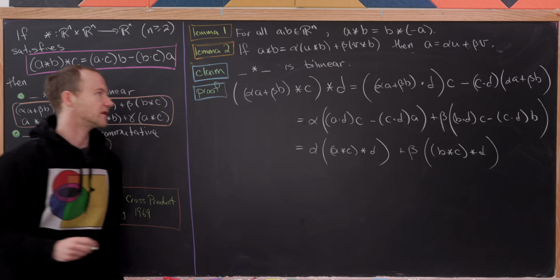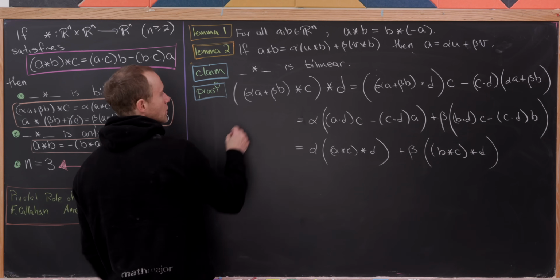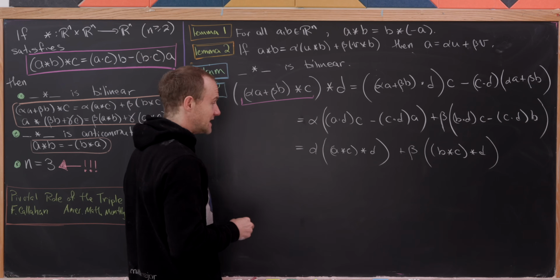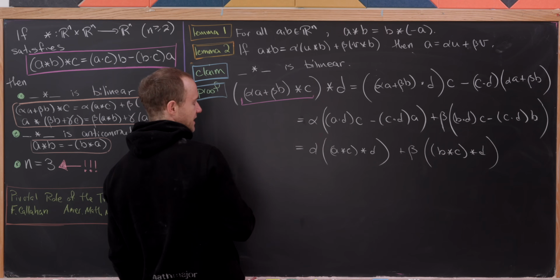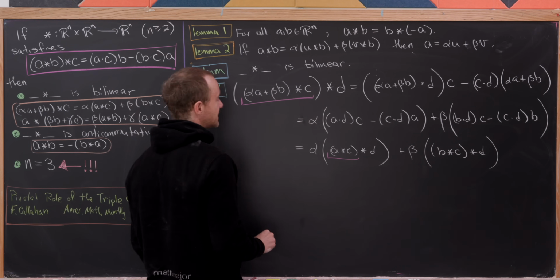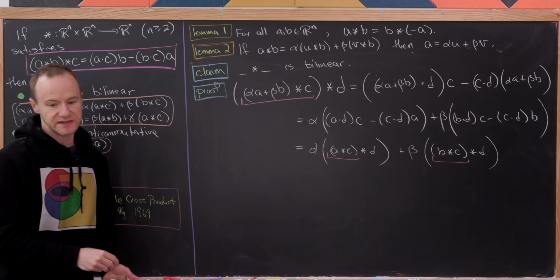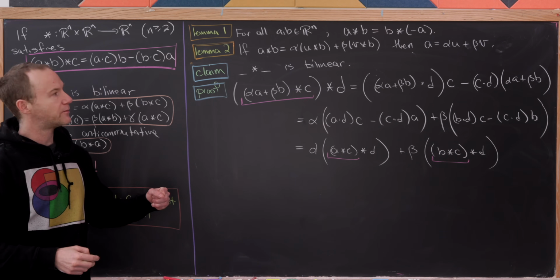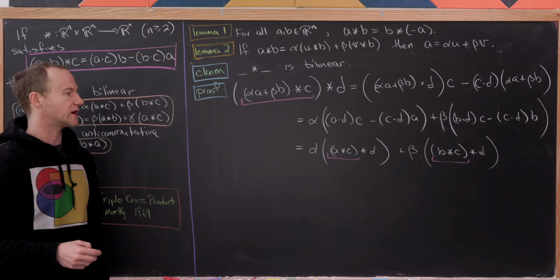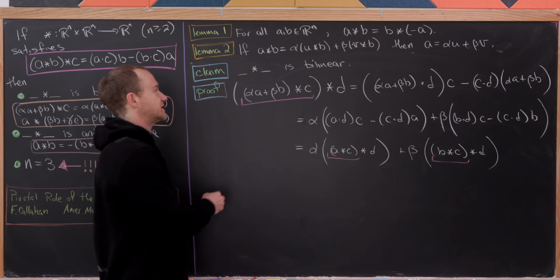Okay, so that's looking good. But now let's see what we've got here. So we're starring all of this with D, and that's allowing us to split this into two pieces. So that thing starred with D, and then this thing right here starred with D. But now we can apply lemma 2 to pull the starring with D out of this, which is kind of what lemma 2 is allowing us to do here.